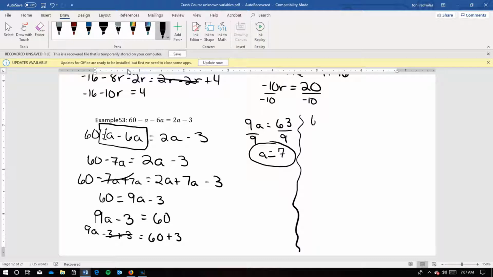So I'm going to take my original equation, and I have multiple a's in this equation, and all of them are going to get filled with a 7. This is my check.